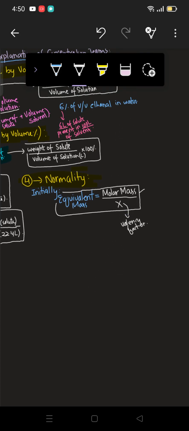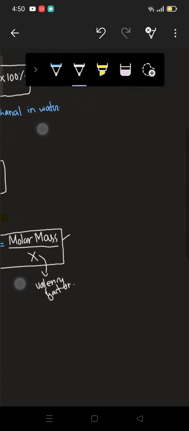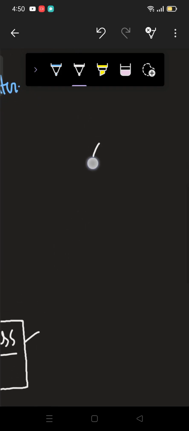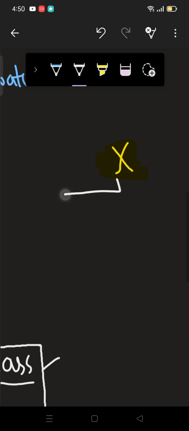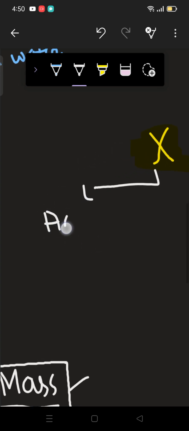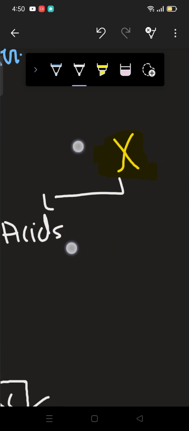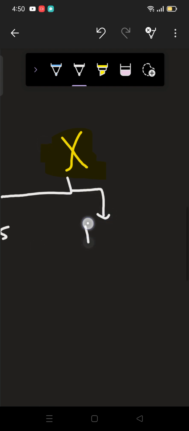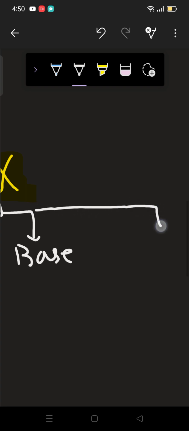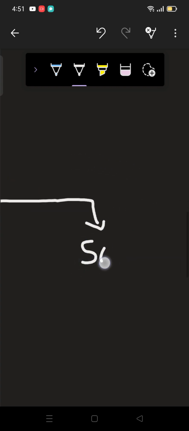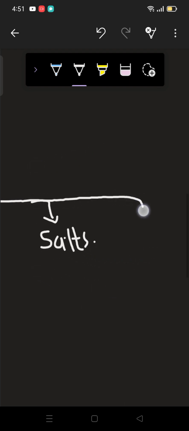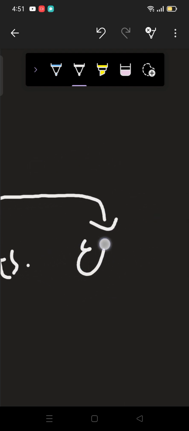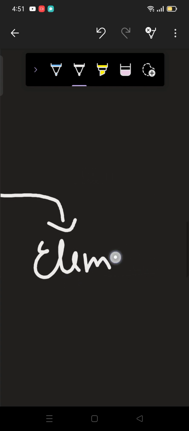Now see, we are going to discuss this x in three terms. Initially, we will discuss this x for acids, then we'll discuss this x term for bases, alkali, and then we'll discuss this for salts. We must discuss this for elements as well, so that everything is clear to us, right?